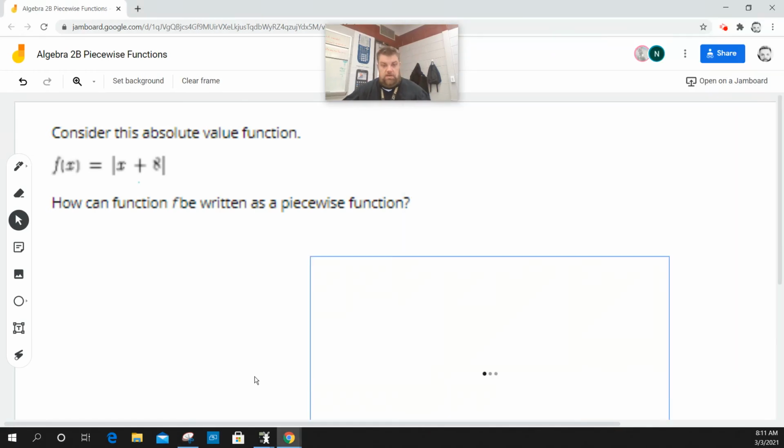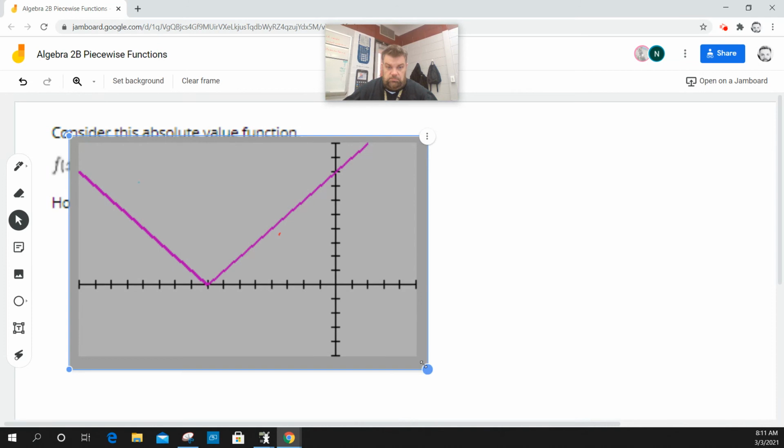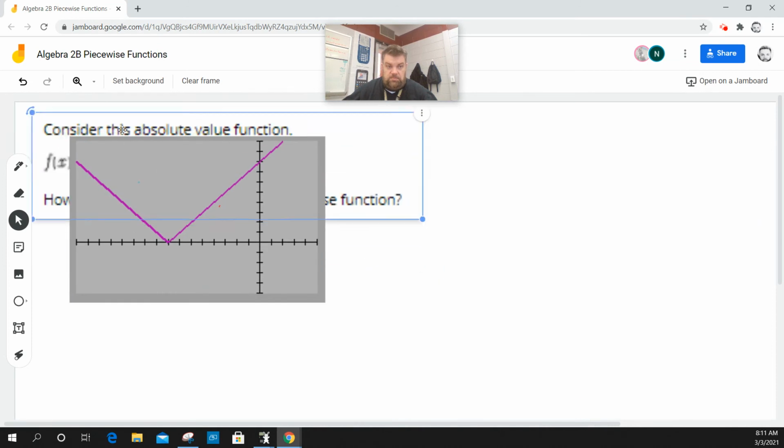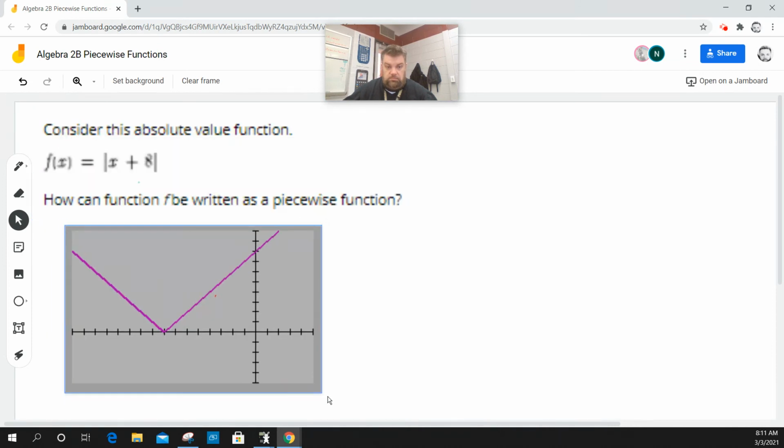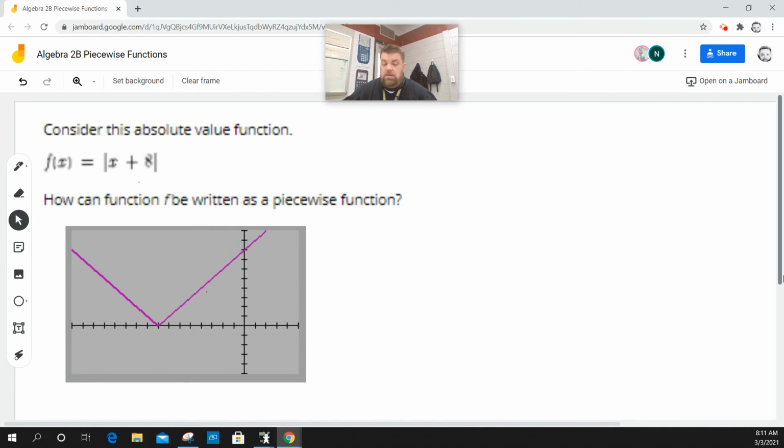This function right here is my f of x, okay?